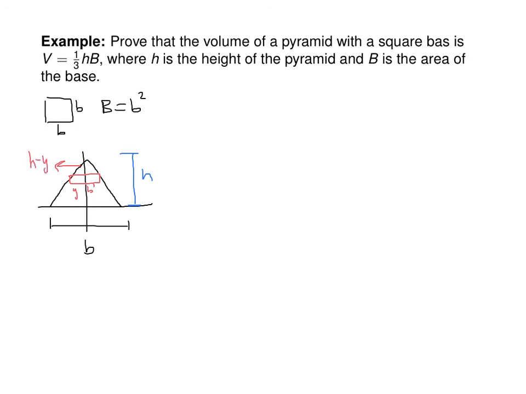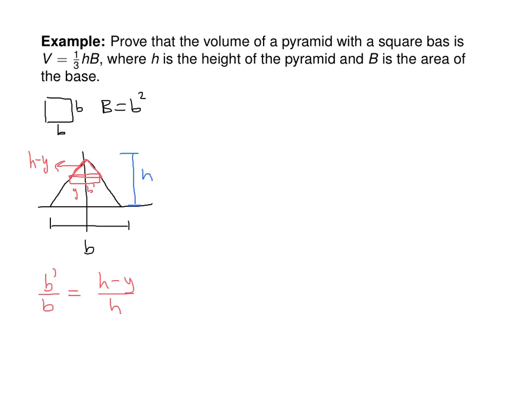Now using similar triangles, b prime over b will equal, so b prime corresponds to the base of this little triangle, so the height of that little triangle is h minus y over the height of the whole big triangle, which is h.